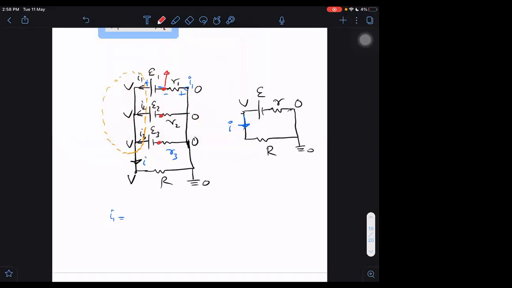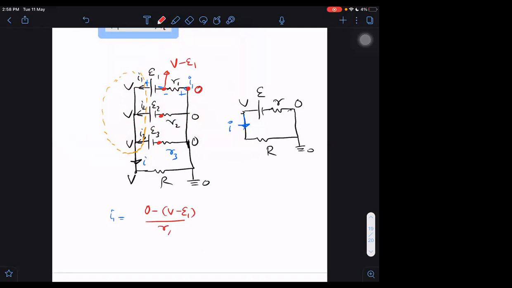At this red dot, the potential is V minus E1. And the other red dot is zero potential. Once we know that, the potential drop is across R1, so I1 will be 0 minus (V minus E1) divided by R1.